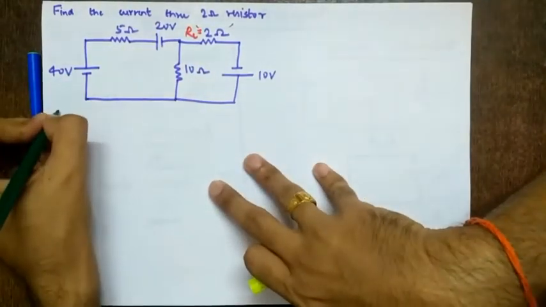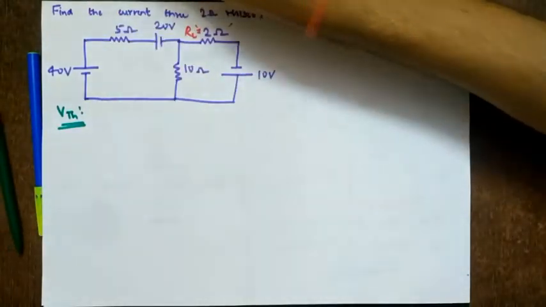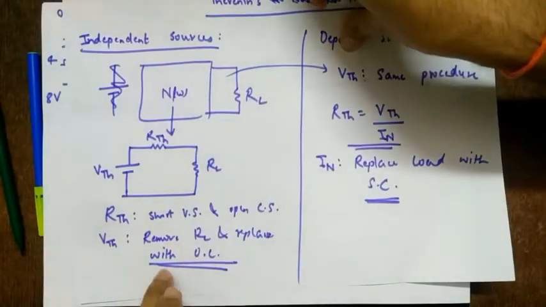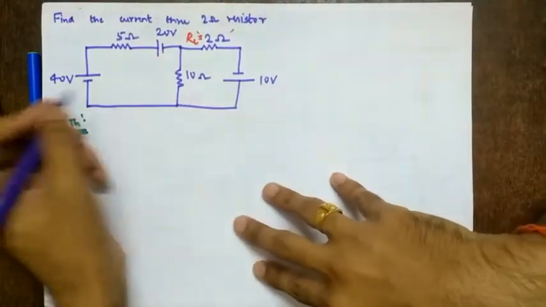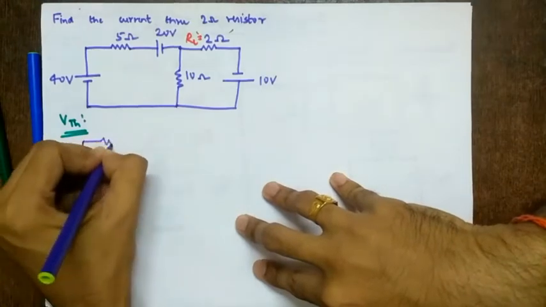So first we will find VTH. What we do for VTH: remove RL and replace with open circuit. This is what Thevenin has said, so we use that procedure. Rest all is the same.